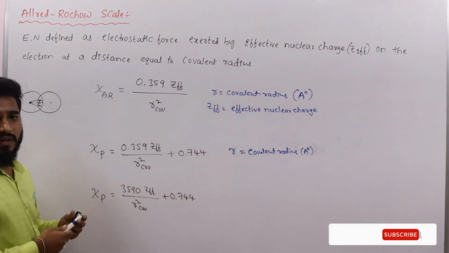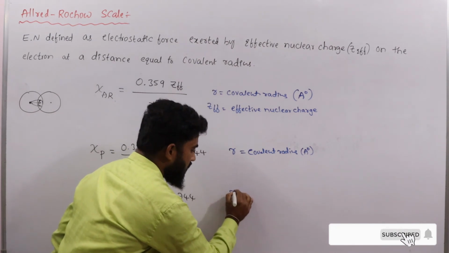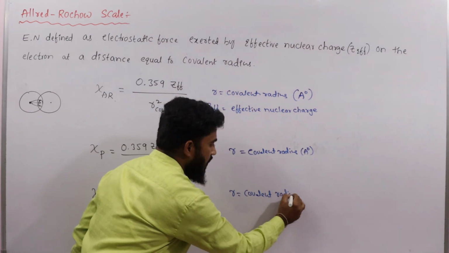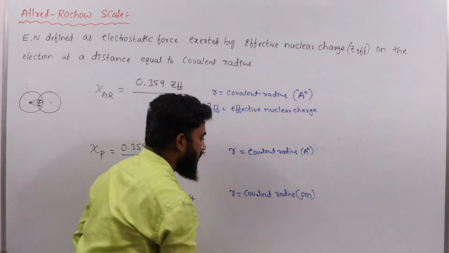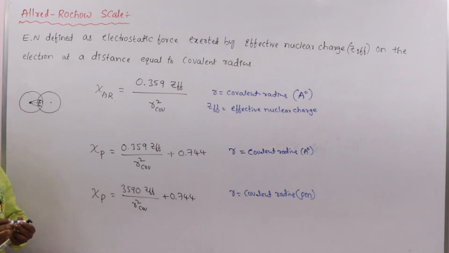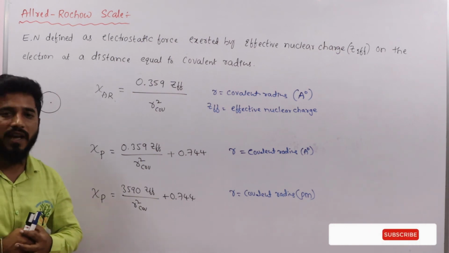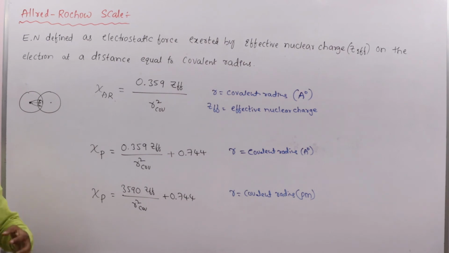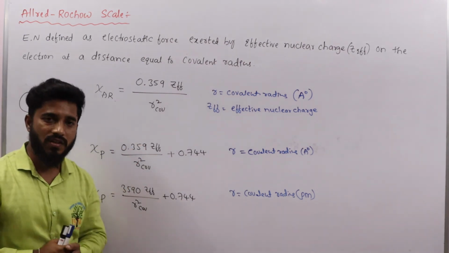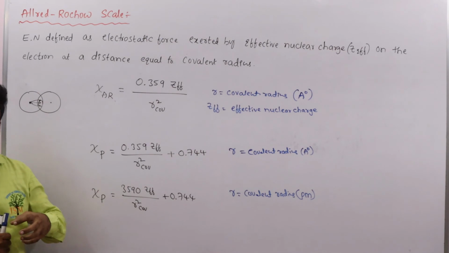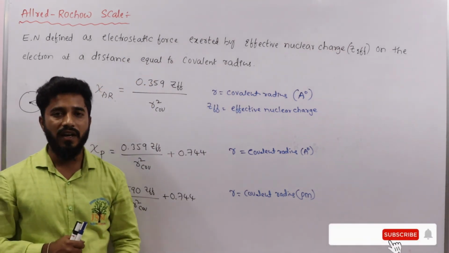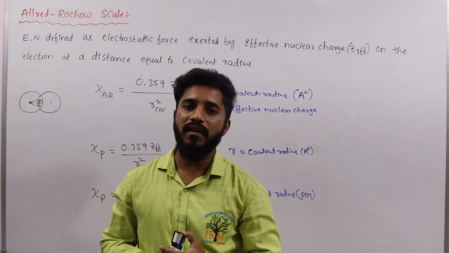We can use this equation when we take the covalent radius in picometers. Remember, electronegativity as per the Allred-Rochow scale is the electrostatic force exerted by the nucleus, that is the effective nuclear charge, on the covalently bonded electron at a distance equal to the covalent radius. So that is about the Allred-Rochow scale.